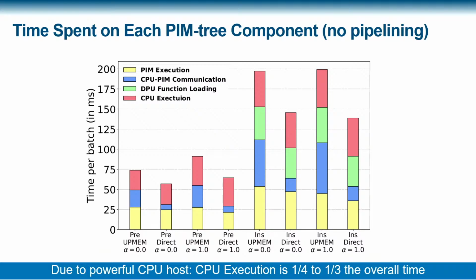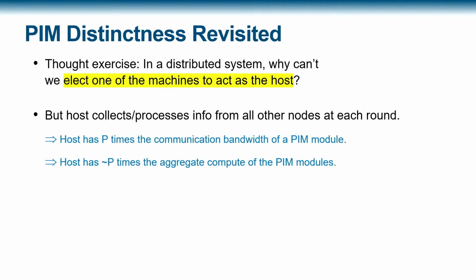So it's not nothing, but it's not dominating. It's not like the host is falling behind. It's keeping up, right? These bars are on par with the other ones. All right, so that shows in the UPMEM system we're using, the host is powerful enough that it's keeping up. It's not getting blown away by the other ones.